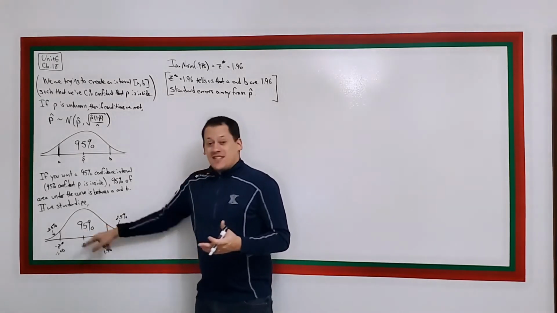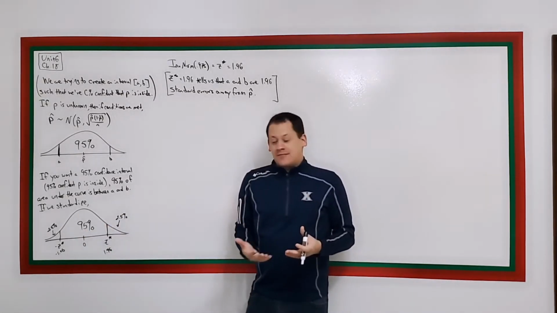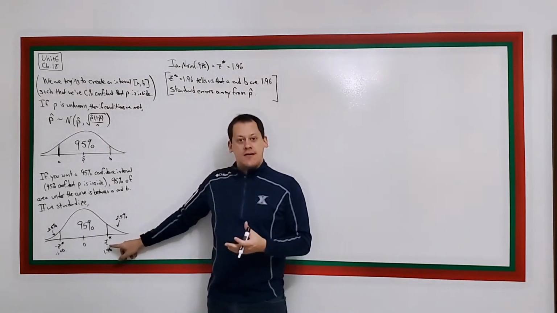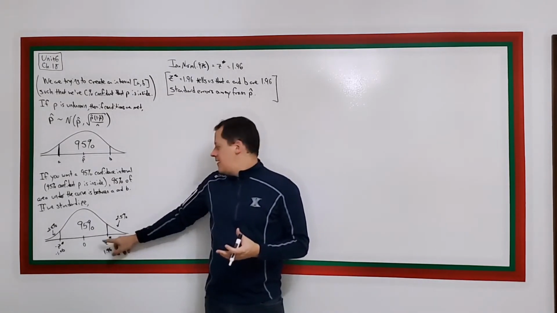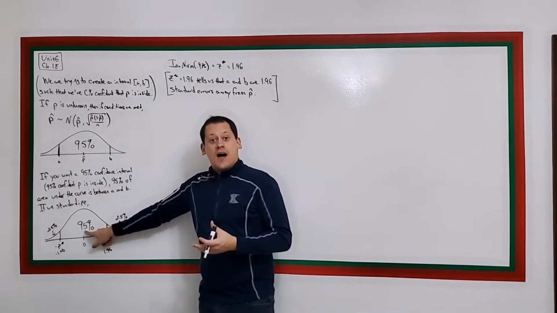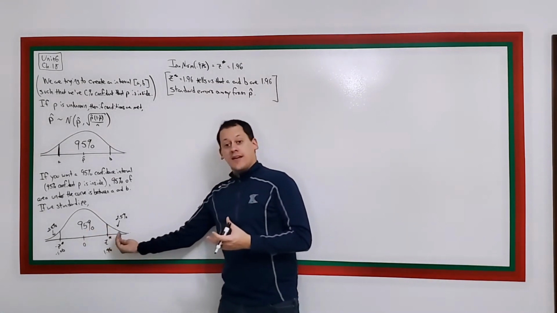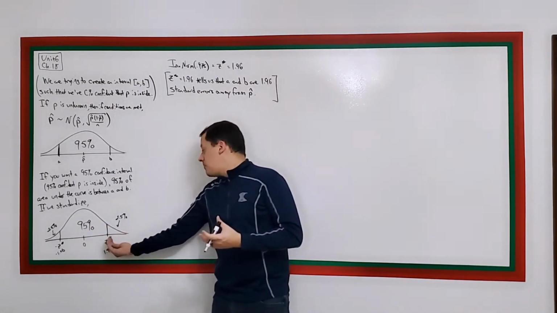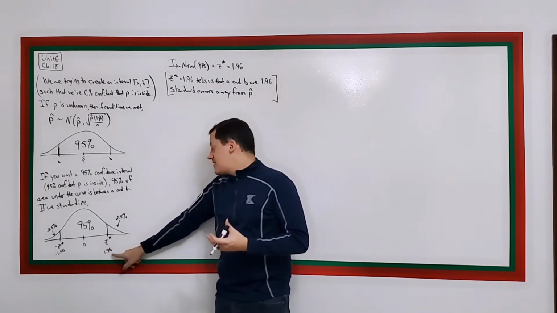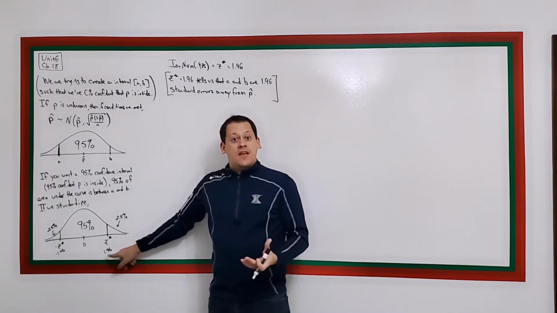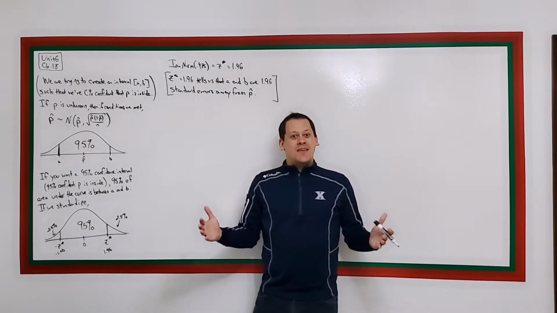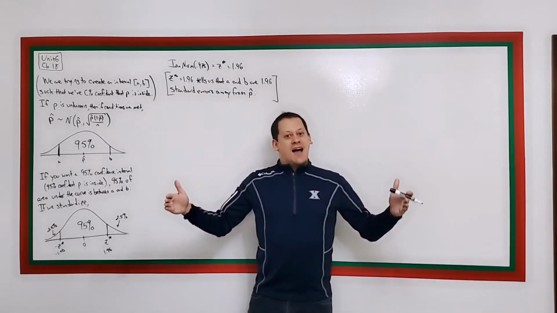If this number goes up to, say, 99%, how's that going to change z-star? If this percentage goes up, then you have to be including more area, right? That's going to push z-star further out. That's going to make z-star bigger.